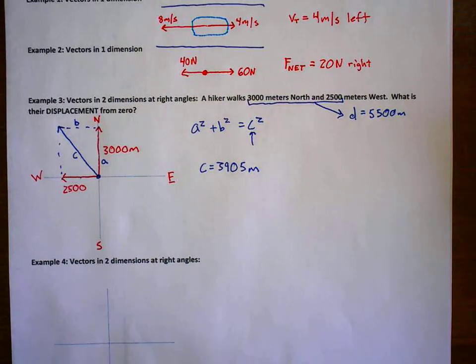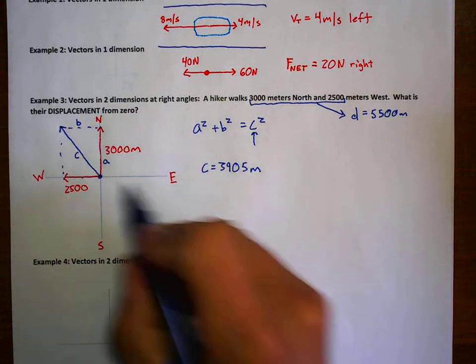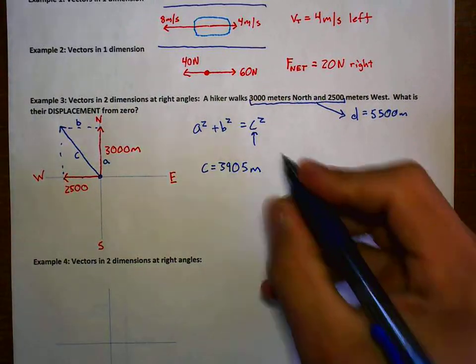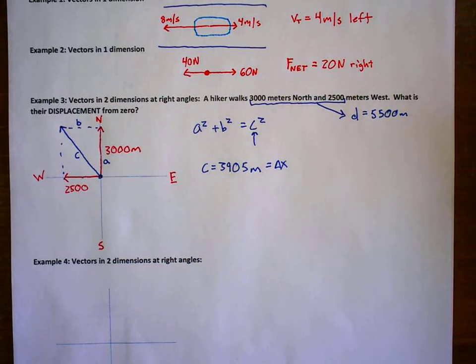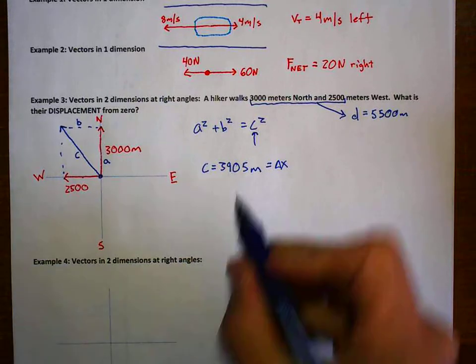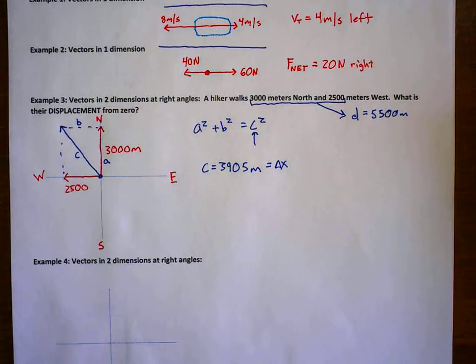That's meters that the person put on their boots. Alright, this is meters from starting place. So we call this a delta x. But it's not quite complete, because we have to figure out a direction. That is just a magnitude.